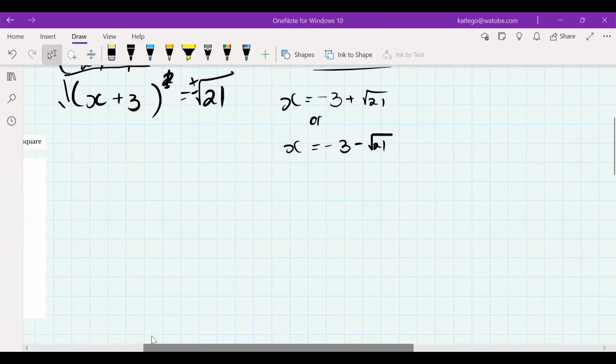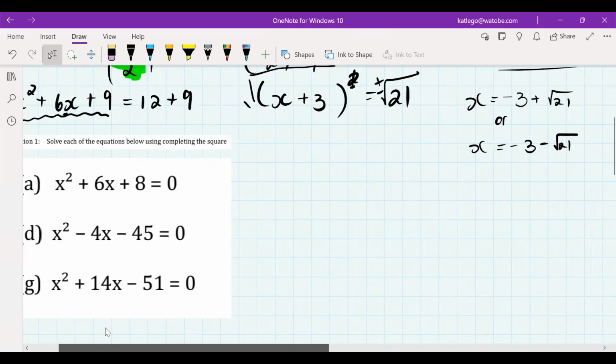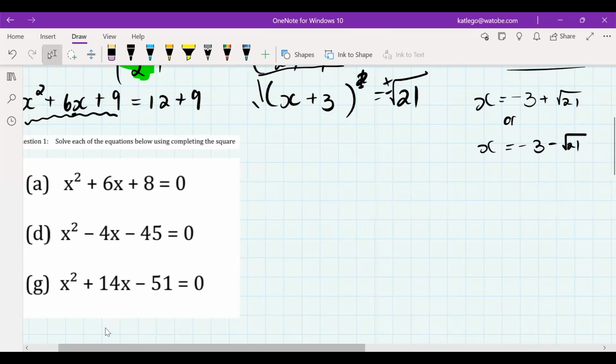Okay, let's see what we have here. Let's take the first one. See, so it says x squared plus 6x plus 8 equals 0. Okay, so step 1, I'm going to say is get rid of your constant because you want to complete the square bracket using these 2 terms.